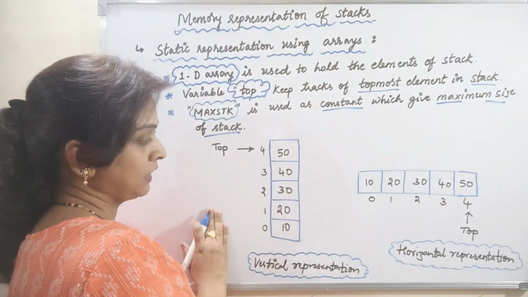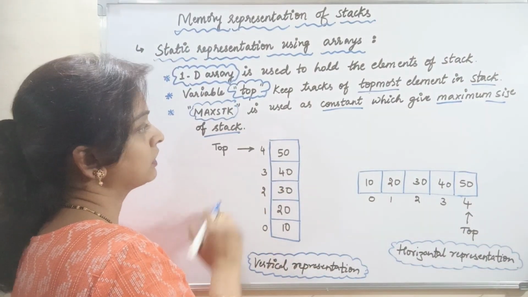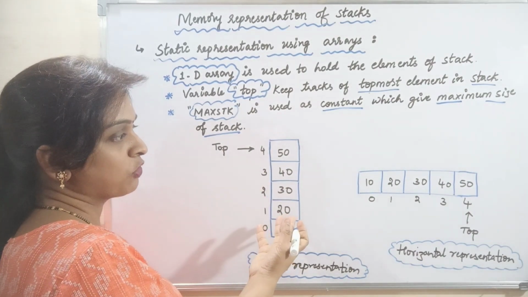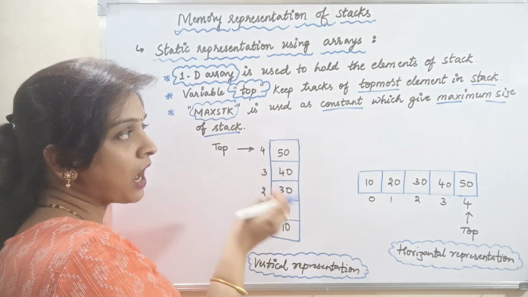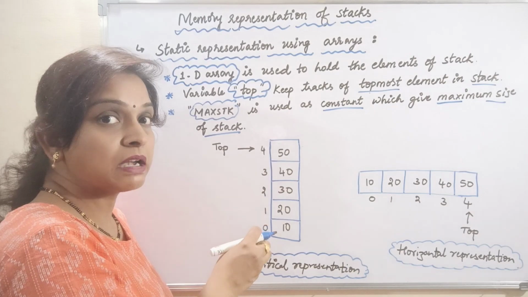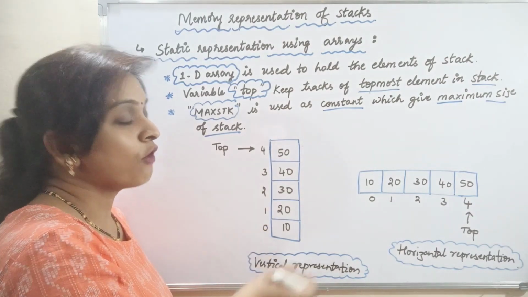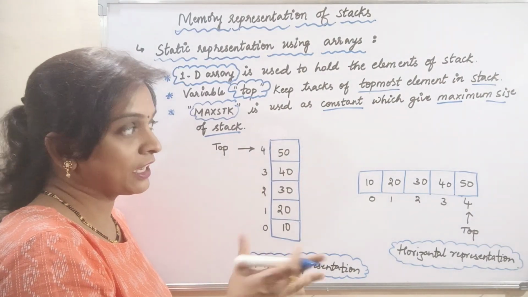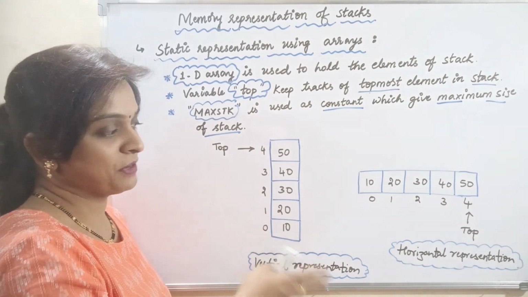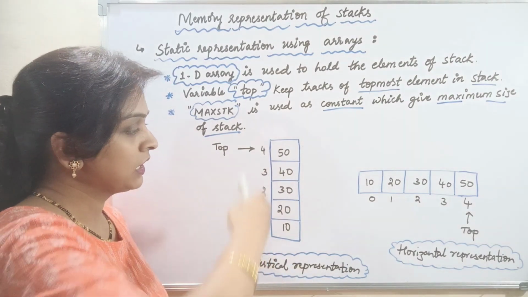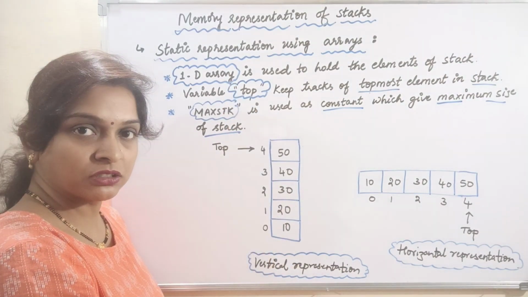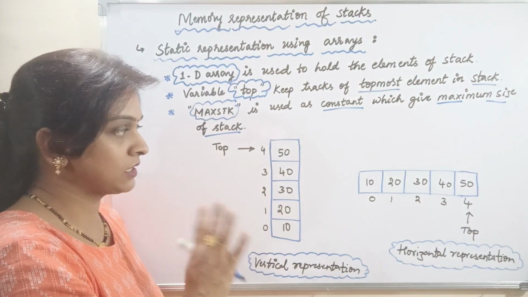With the memory representation, meaning how we use this 1D array for stack implementation, I can view it in two representations. It can be a vertical representation, and this is the best representation.